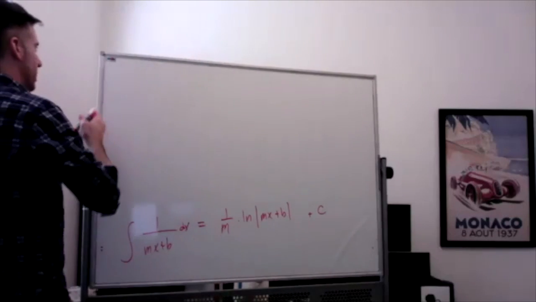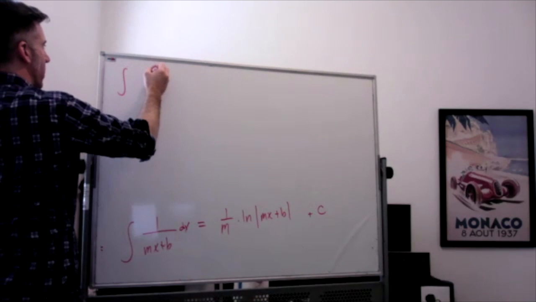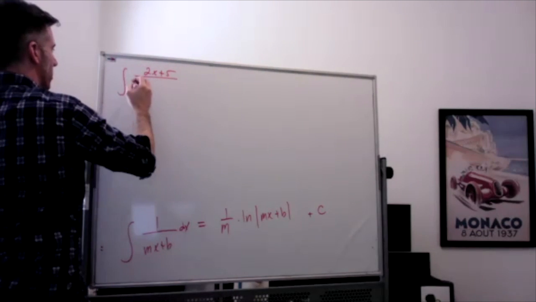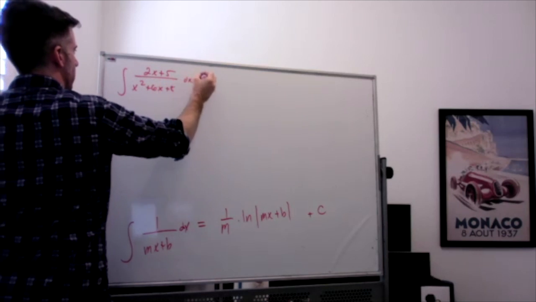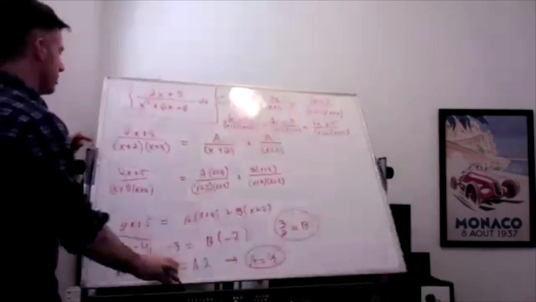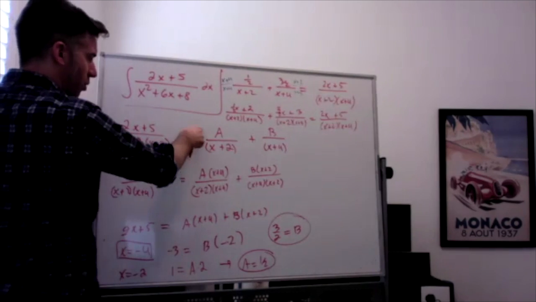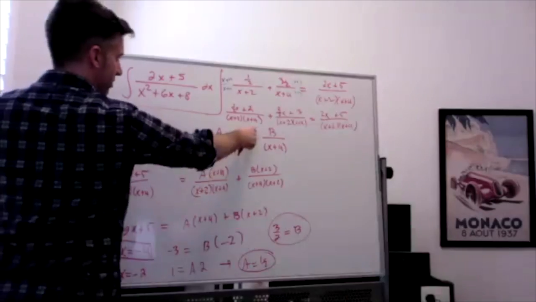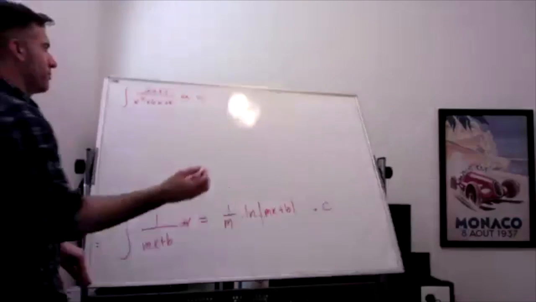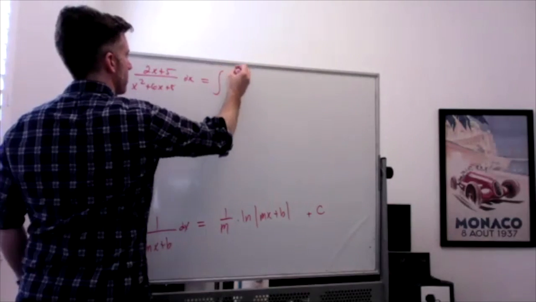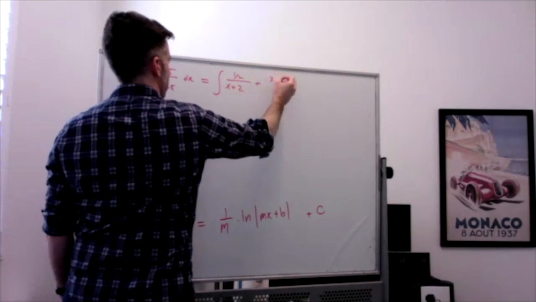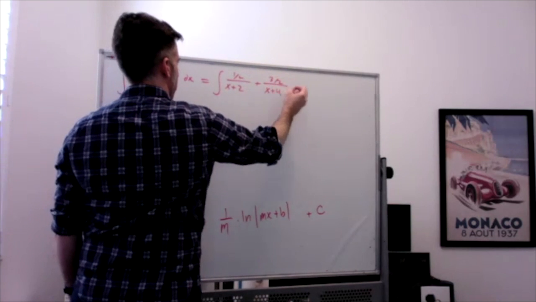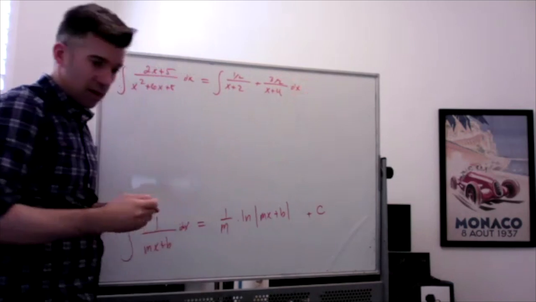What I'm going to say is my integral of 2x plus 5 over x squared plus 6x plus 8 is equal to the integral of 1/2 over x plus 2 plus 3 halves over x plus 4. Okay, and now we know how to integrate these things.